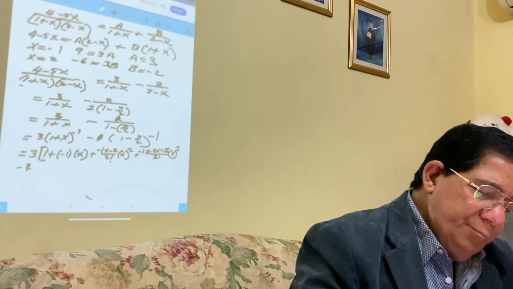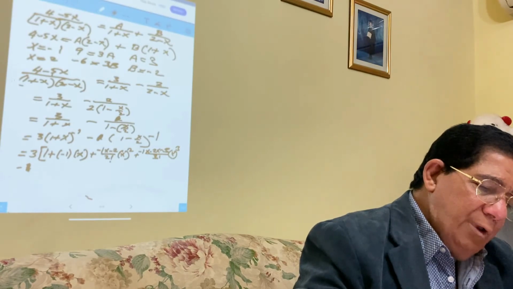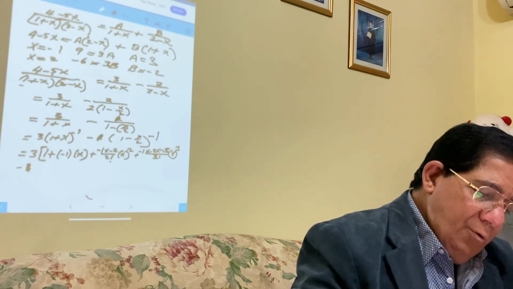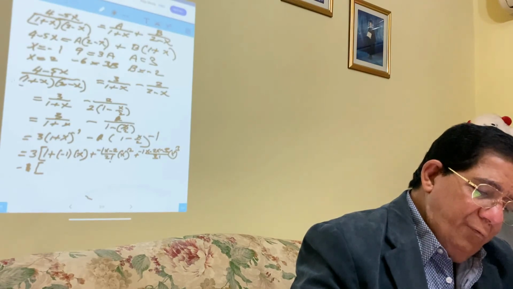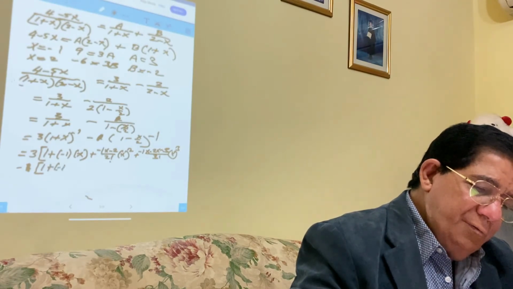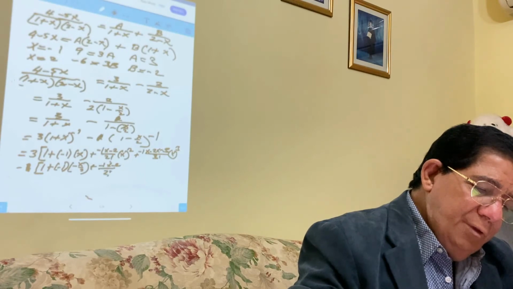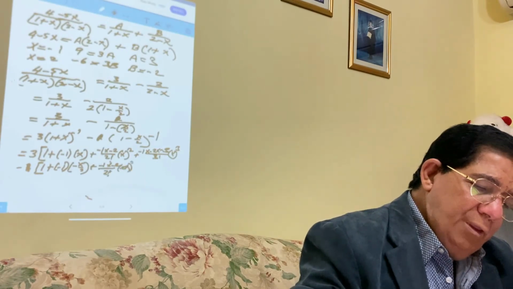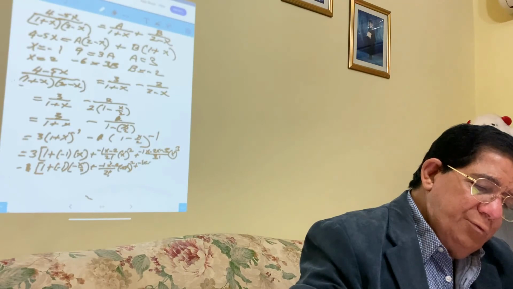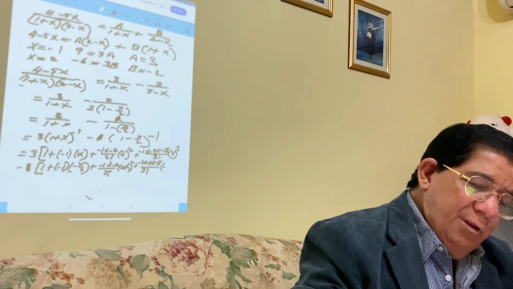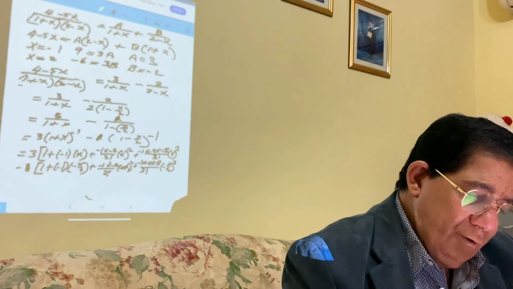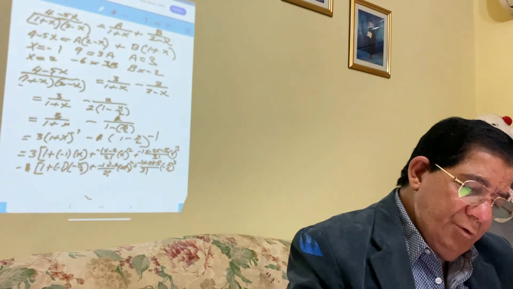Minus 1, this 2 will cancel with this 2. 1, open bracket, we have 1 plus (-1)(-x over 2) plus (-1)(-2) over 2 factorial (-x over 2) squared plus (-1)(-2)(-3) over 3 factorial into (-x over 2) cubed, right? With x over 2 squared.